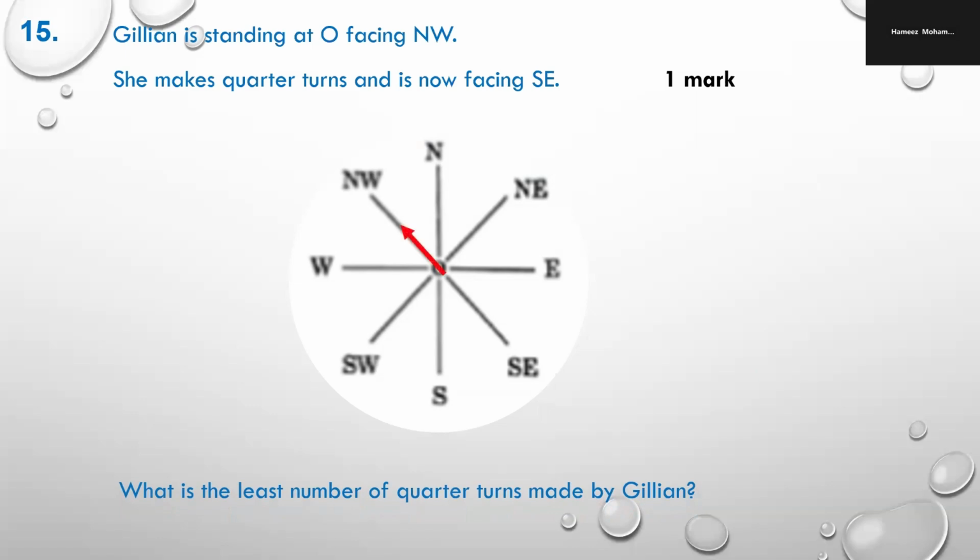So let's bring up an arrow to show that Jillian is at O facing northwest. And she can make a quarter turn. We have that in blue, indicating one quarter turn, another quarter turn. So that is 2 quarter turns when she moved in that anti-clockwise direction. And if you check it in the other direction, if she moved in a clockwise direction from northwest to southeast, it will still give us 2 quarter turns or half a circle.